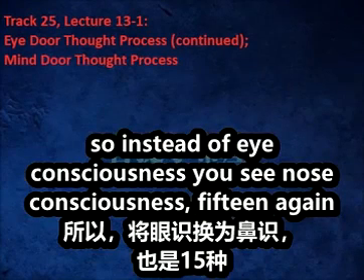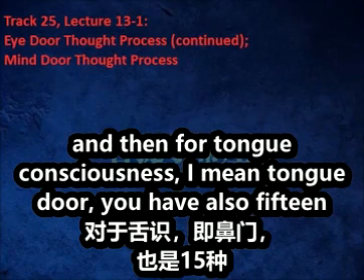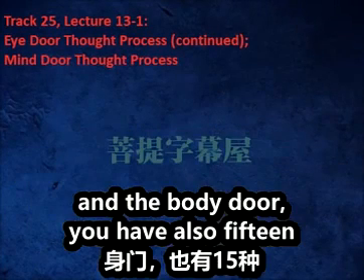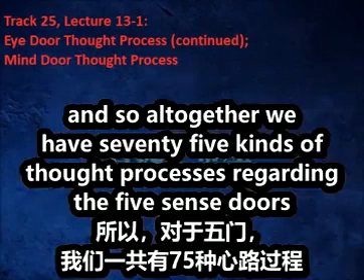So instead of eye consciousness, you say nose consciousness, 15 again. And then for tongue door, you have also 15. And the body door, you have also 15. And so altogether, we have 75 kinds of thought processes regarding the 5 sense doors.